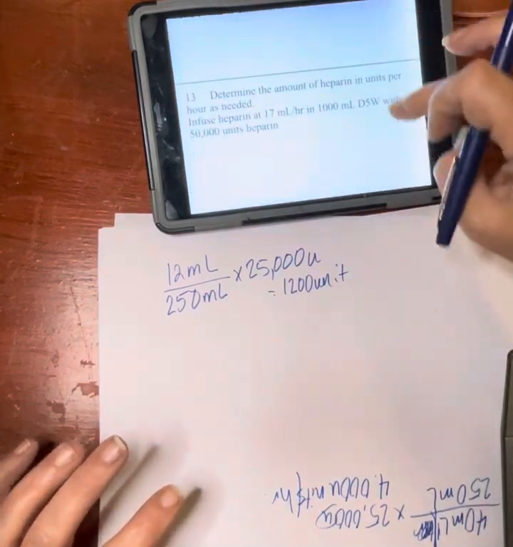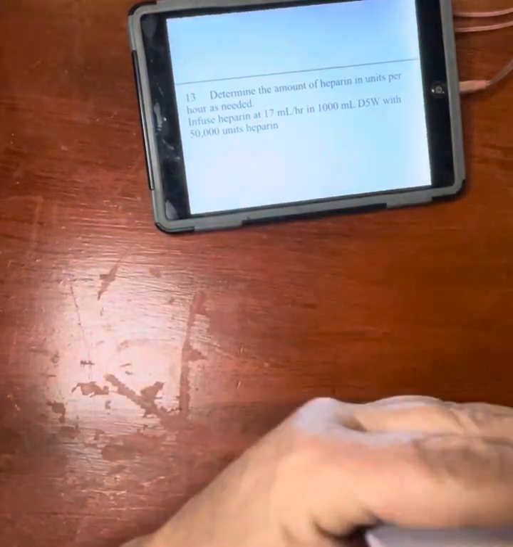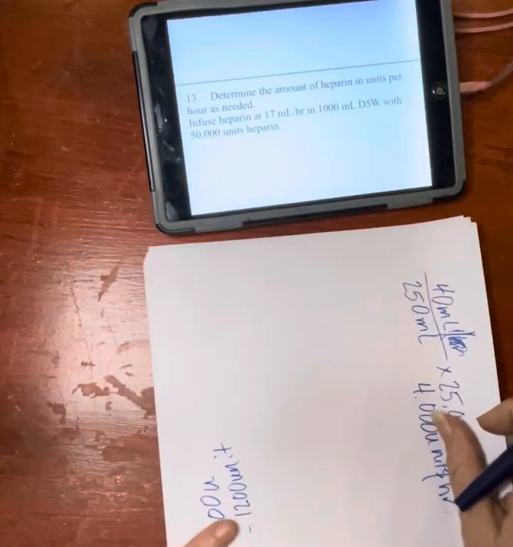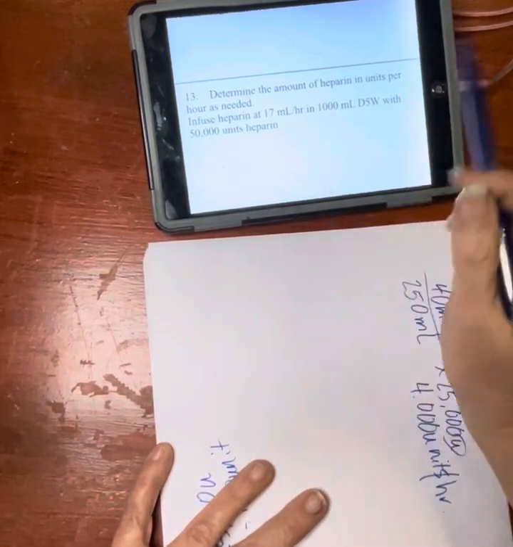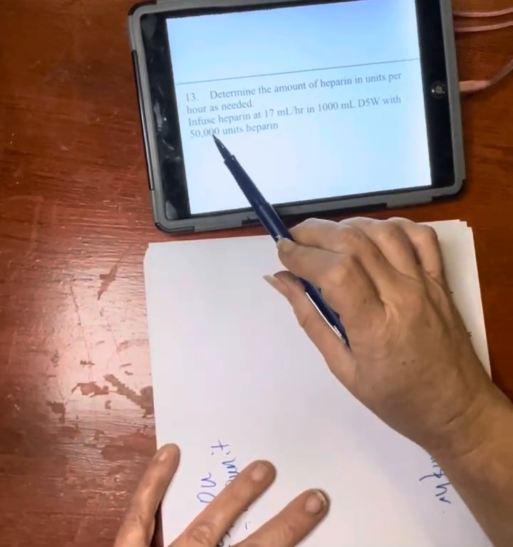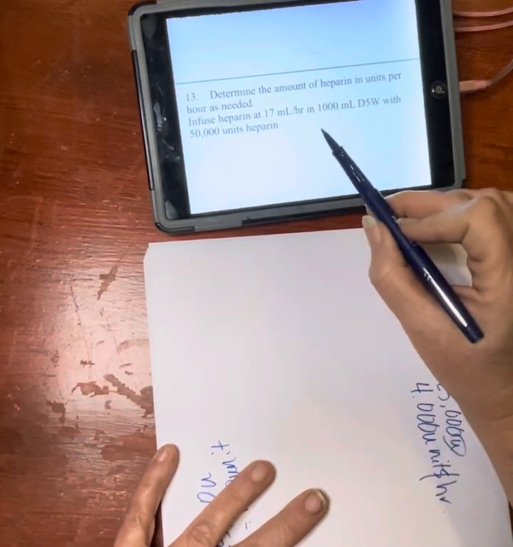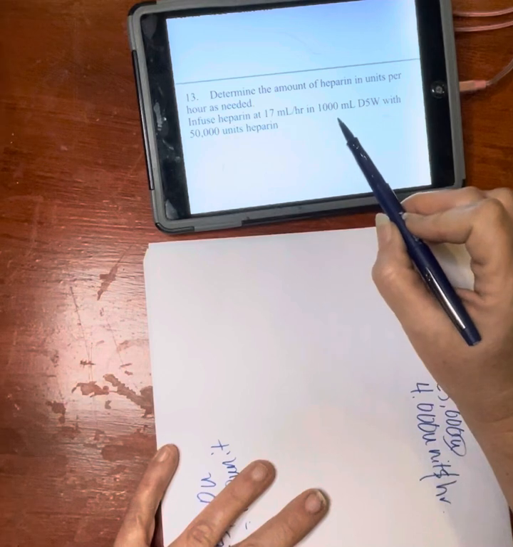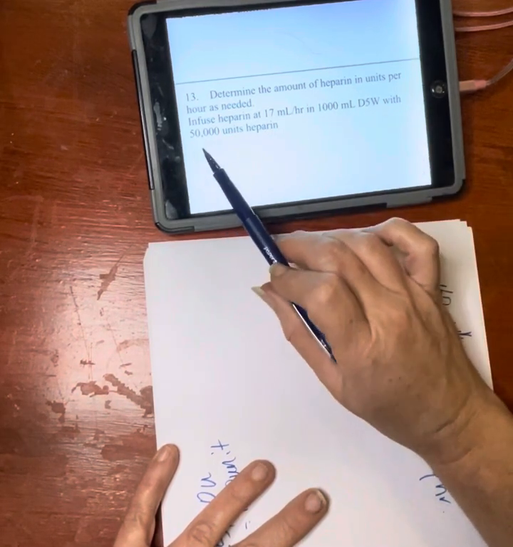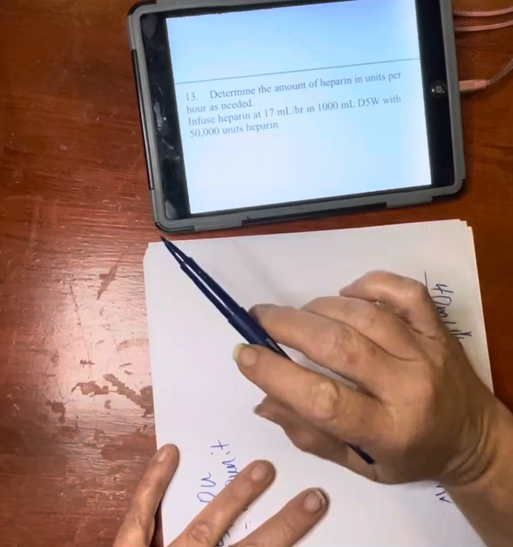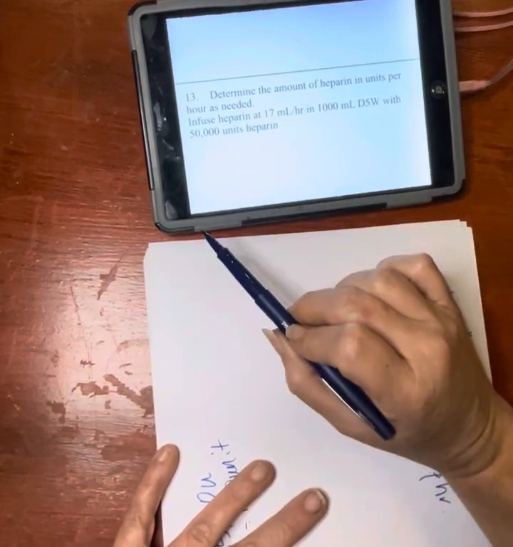Okay, and then let's do one more just so you can really stretch your heparin dosing muscle. All right, so determine the amount of heparin in units. Infuse heparin at 17 milliliters an hour in 1,000 milliliters of D5W with 50,000 units of heparin. Now, you know what that dose order is, don't you?